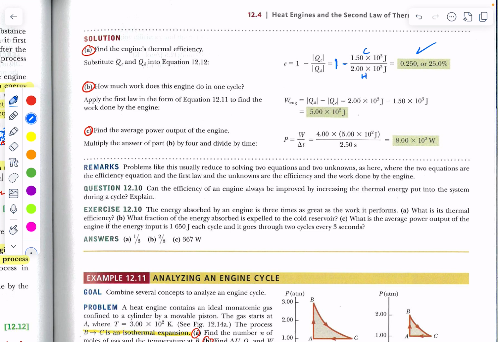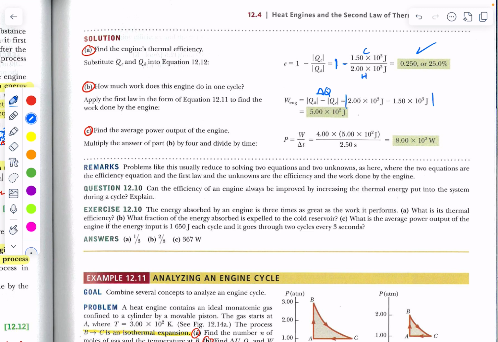How much work does this engine do in one cycle? Well, our delta Q is the difference in the amount of heat coming in minus the amount of heat going out, and that turns out to be about 500 joules of energy.